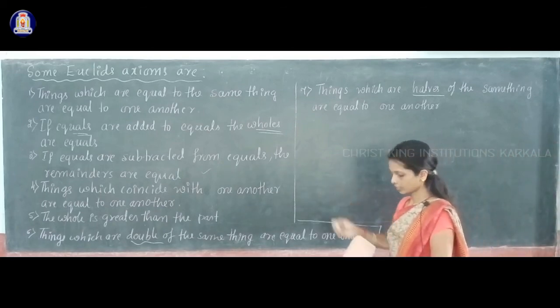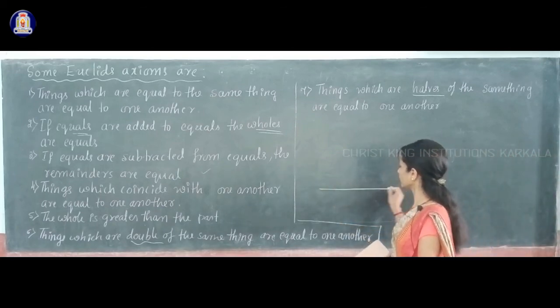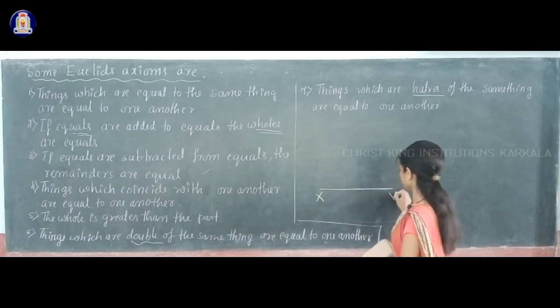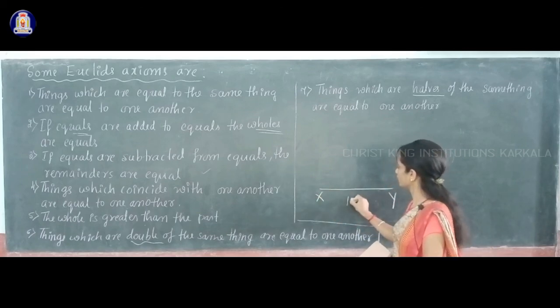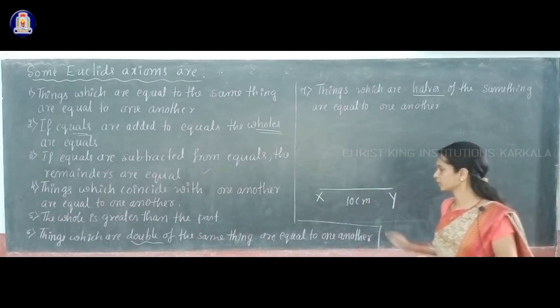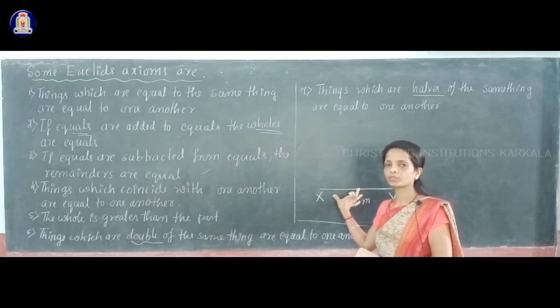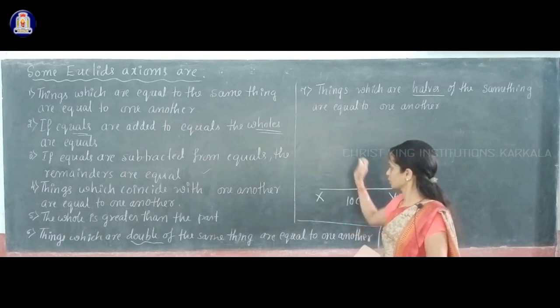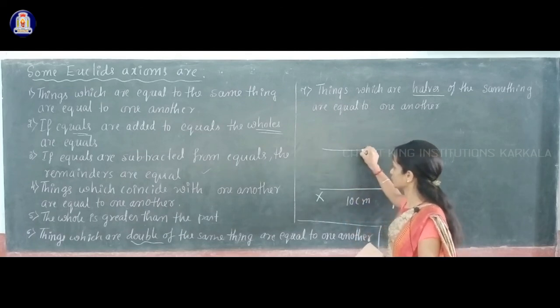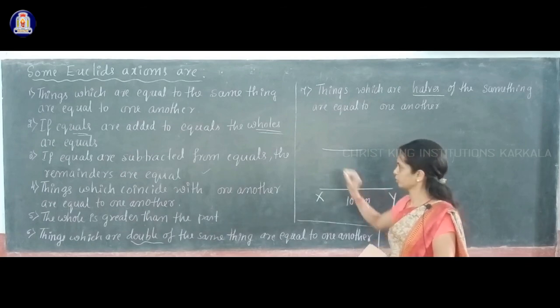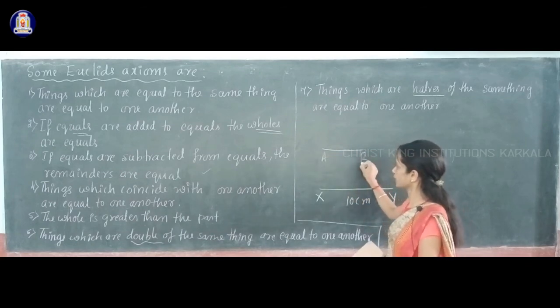Now I'll take one line segment XY of length 10 centimeter. Now I'll draw one line segment which is half of this line segment, and I'll call it AB.